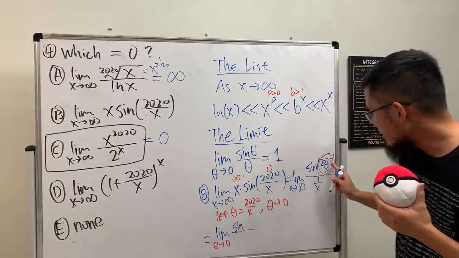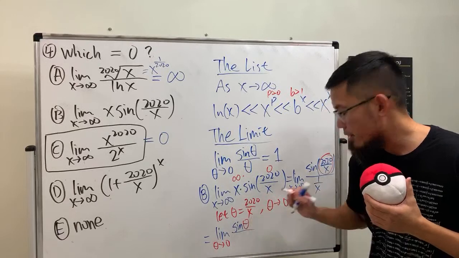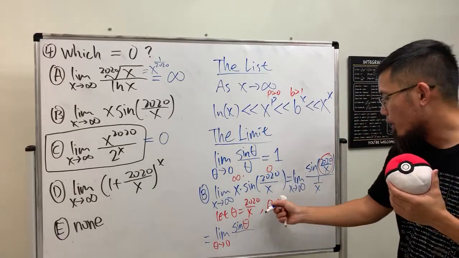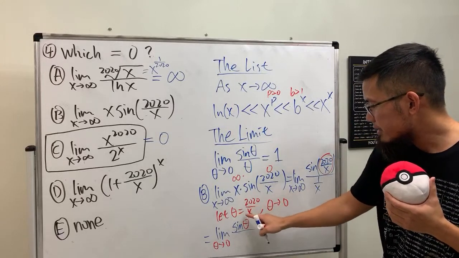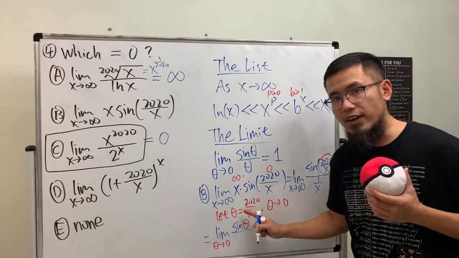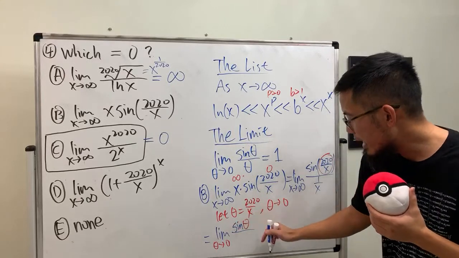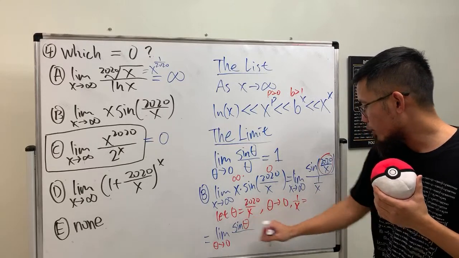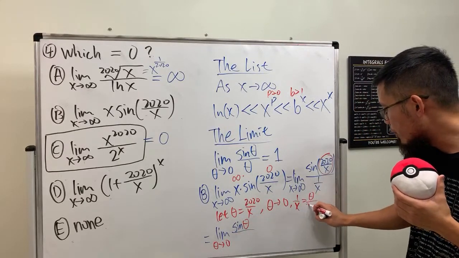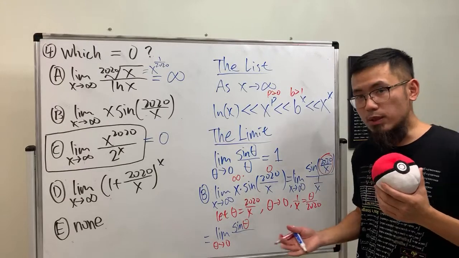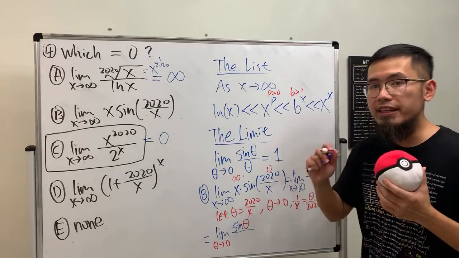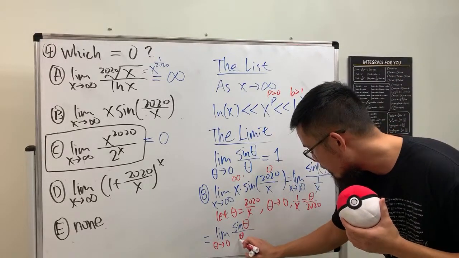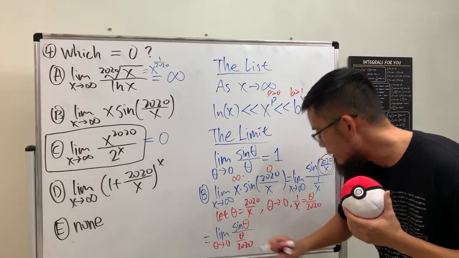Here, you get sine theta. And you might be wondering, how do we take care of the 1 over x then? If theta is equal to 2020 over x, we can divide both sides by 2020, so we get 1 over x equals theta over 2020. So this is actually a better choice for theta. Then we put this here, so we have theta over 2020.